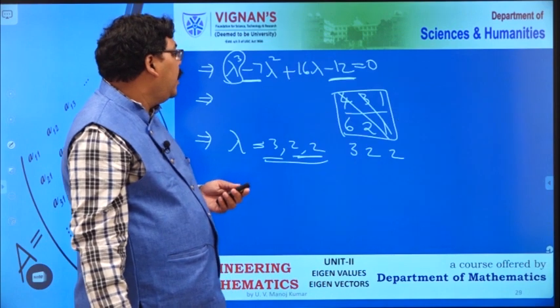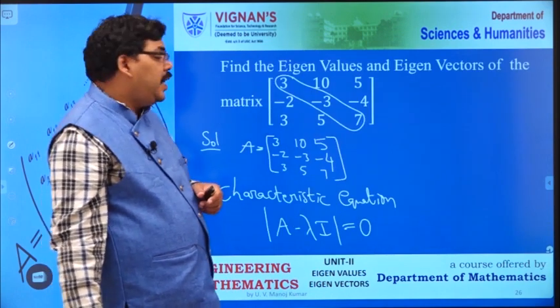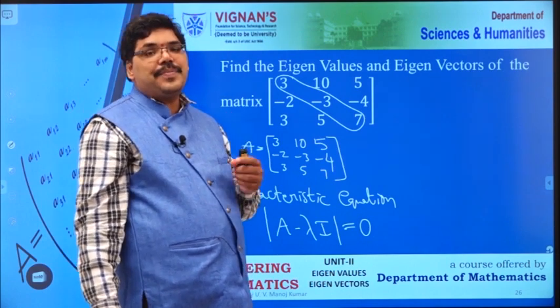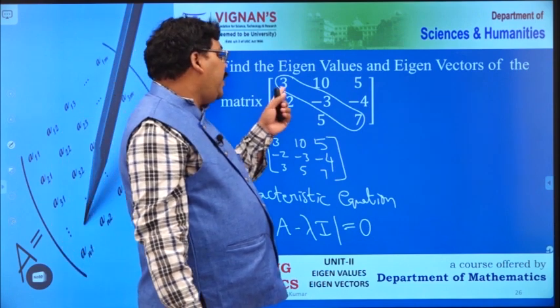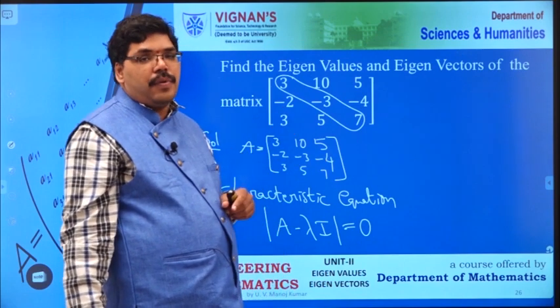So come to A. In this, the principal diagonal elements are 3, minus 3, 7. So what you have to do is subtract lambda from the principal diagonal elements. Then 3 minus 3 becomes 0, minus 6, 7 minus 3 becomes 4.